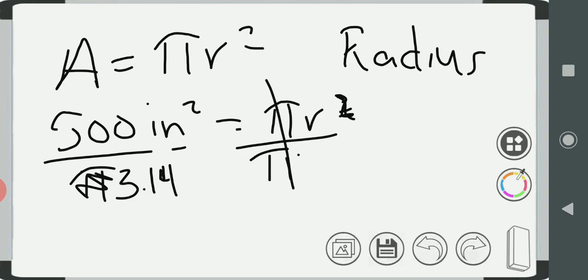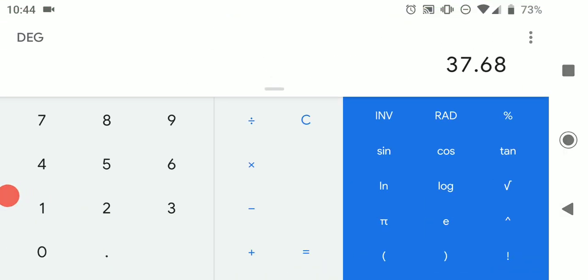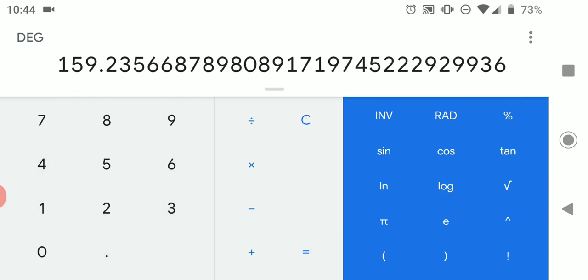Okay, so let's switch over to our calculator and clear that out from last time. 500 divided by 3.14. That is going to give me a very, very long number, and I'm going to round to the nearest hundredths place.